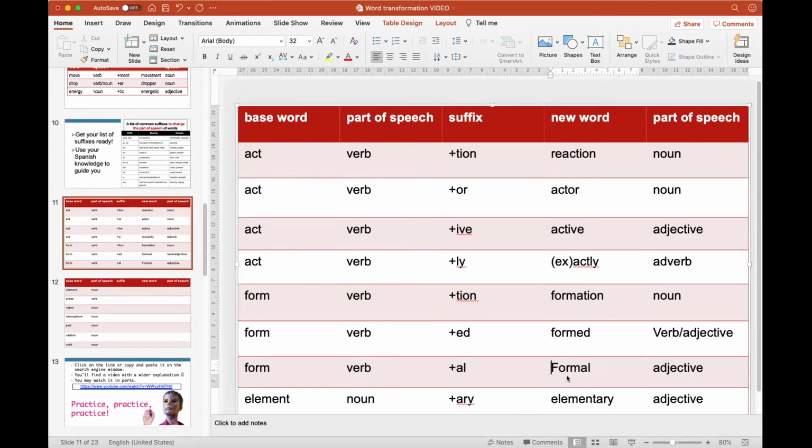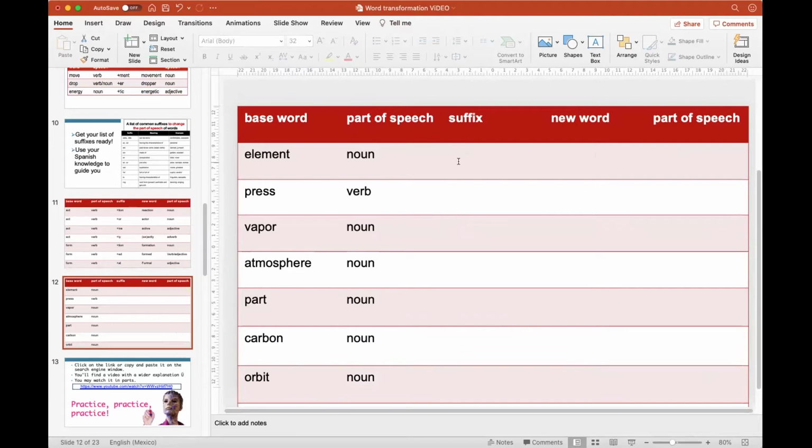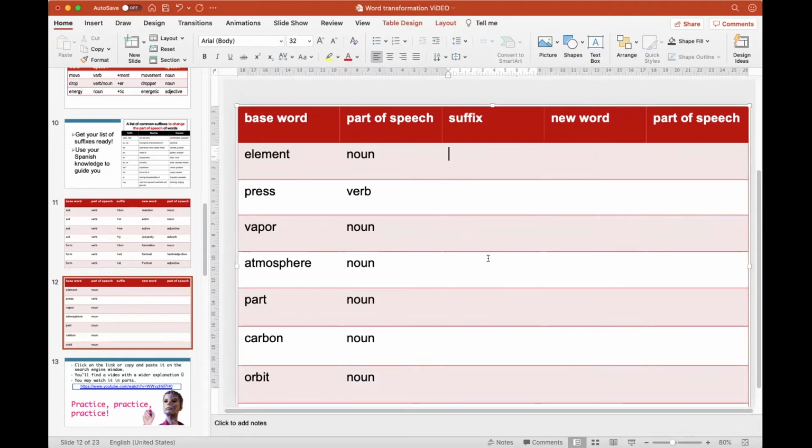Okay, any other question? No? Okay, let's continue with the next one. Element again. It could be elemental. Yes, of course.